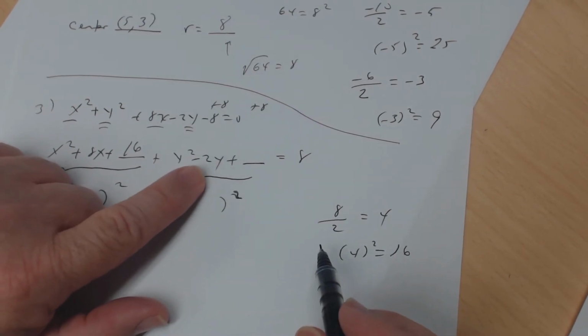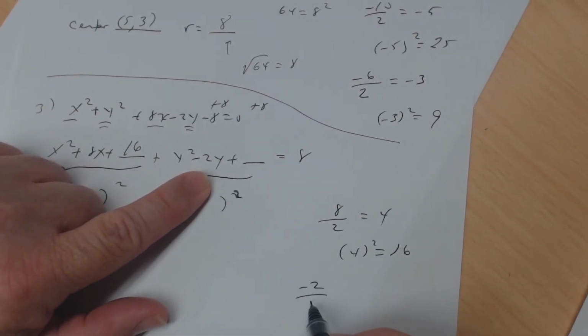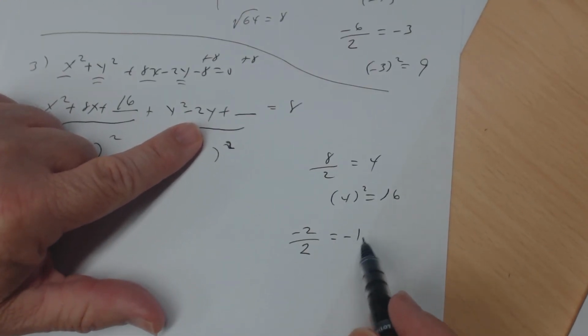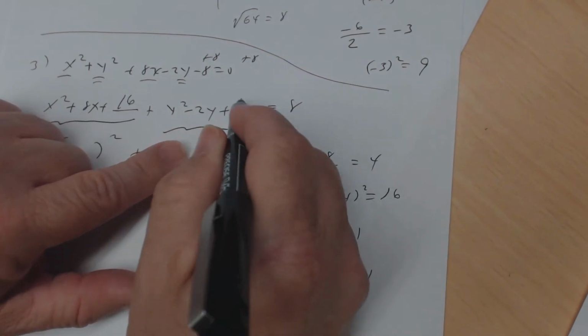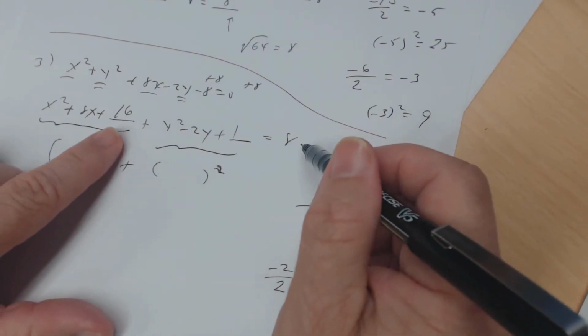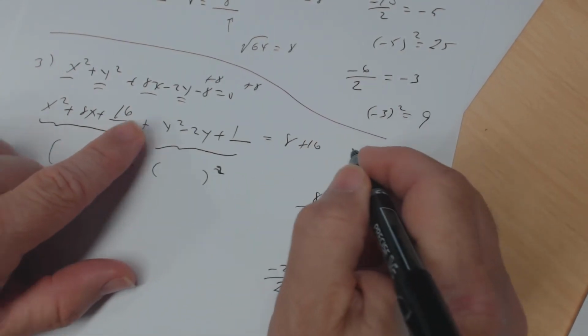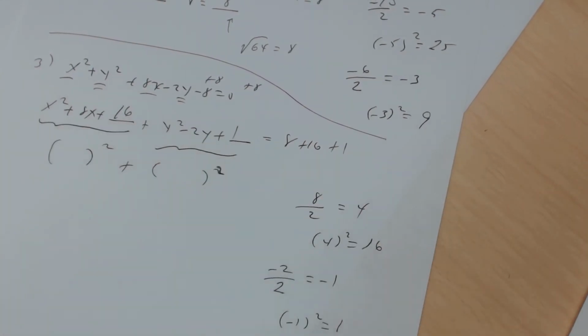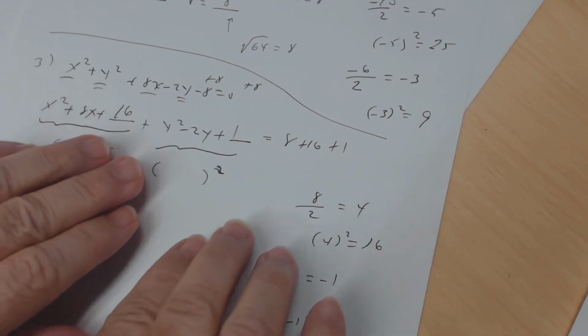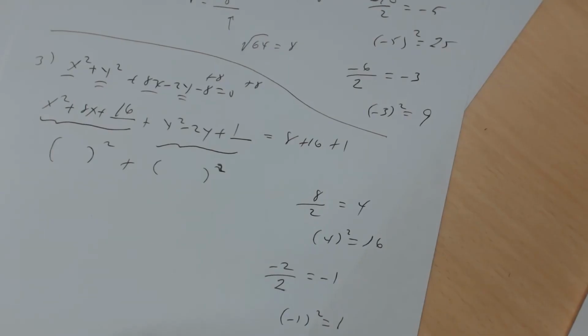So I take the coefficient of y, which is -2. I divide by 2, and I get -1. Now remember, you have to square this. So -1 squared is a positive 1, and that's what you add. Oh, I forgot to add to both sides. Okay, I'm sorry. Here I've got to say plus 16, and plus 1 here. Okay, so what you do to the left, you do to the right.